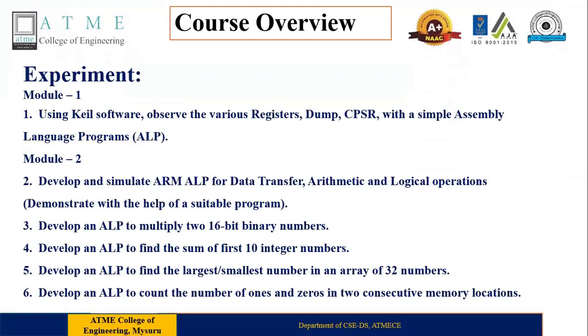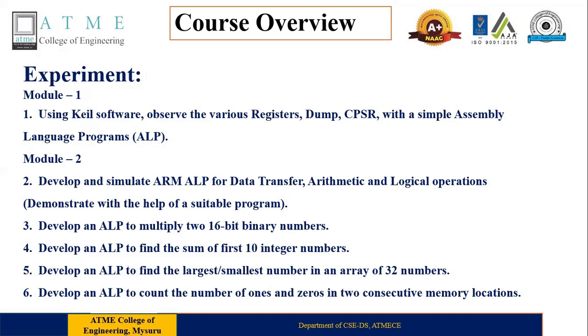Moving on. So these are the experiments stated by VTU for each module. Module 1 is about observing the register dump, instruction, CPSR, and simple assembly language programming. Module 2 is about developing and simulating ARM ALP for data transfer, arithmetic, and logical operations.